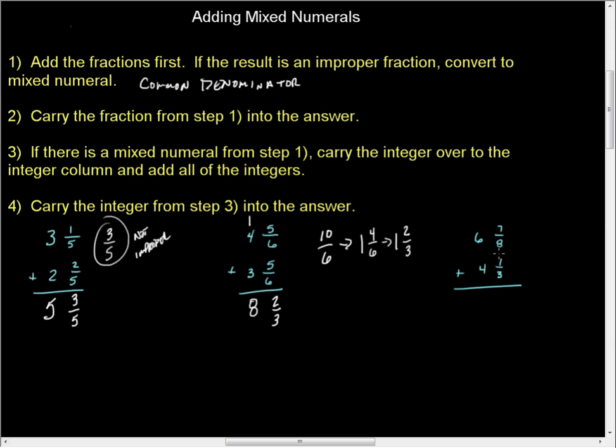Now we have a fun one. Okay, so now we move on to this third example. You'll notice that our denominators are no longer the same. Since they aren't the same, we're going to have to convert them. And if I look at 8 and 3, the least common multiple is 24, so these are going to go to 24.